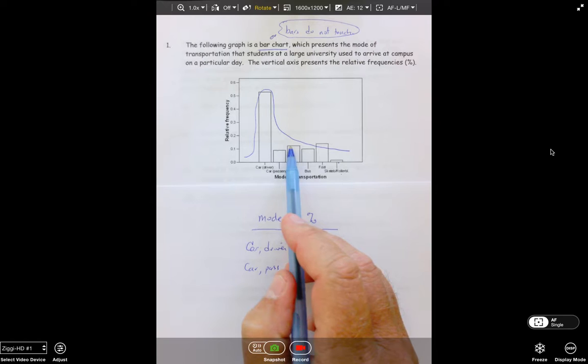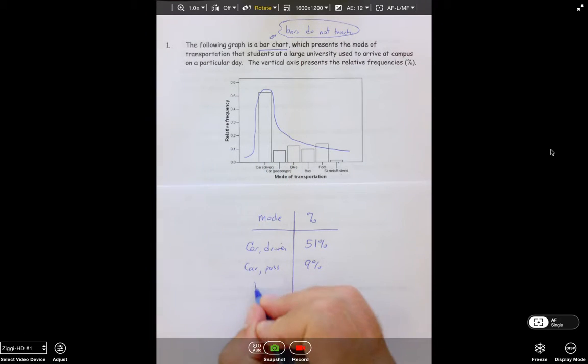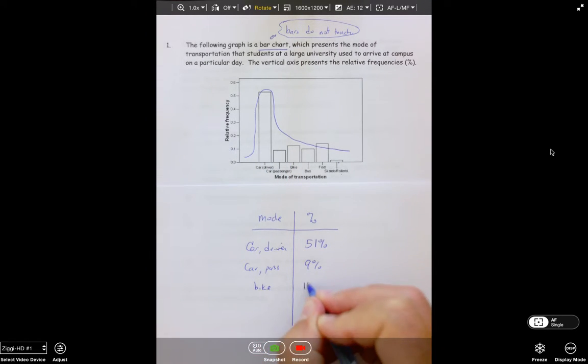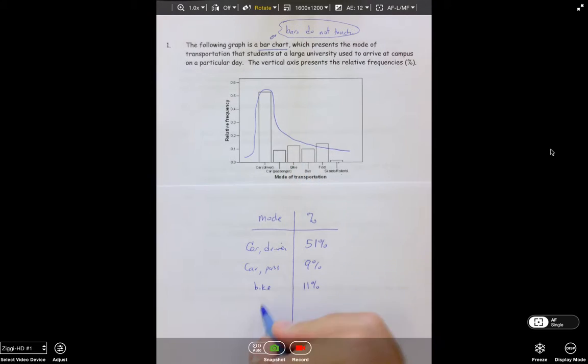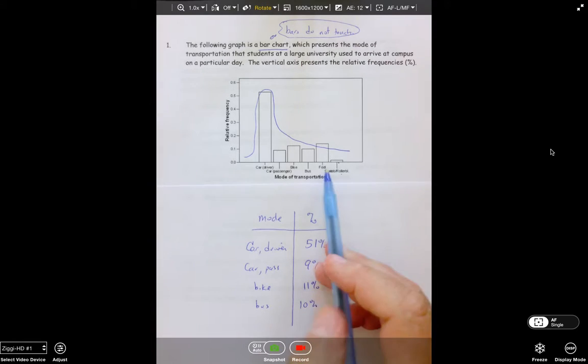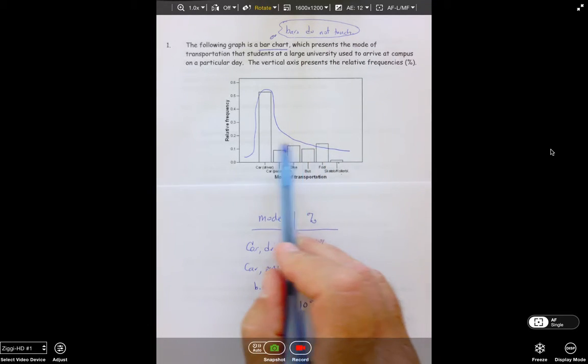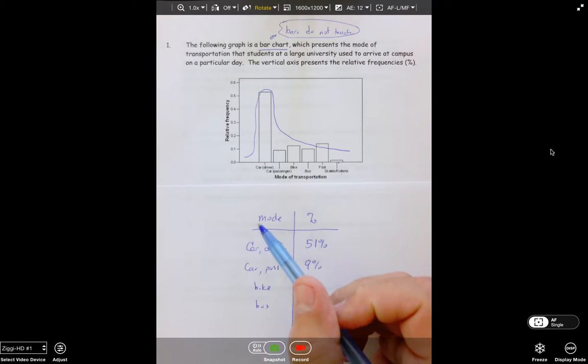And then to me, bike looks like it's about 11%. And bus to me looks like about 10%. And foot looks like to me it's about 14%.